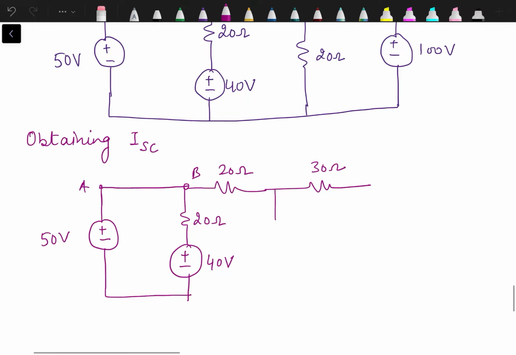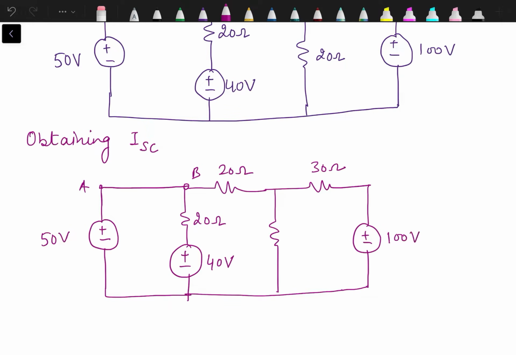All the resistances and voltage sources except the load resistance will remain at their place with the same values. We need to find out the current over here, that is ISC.